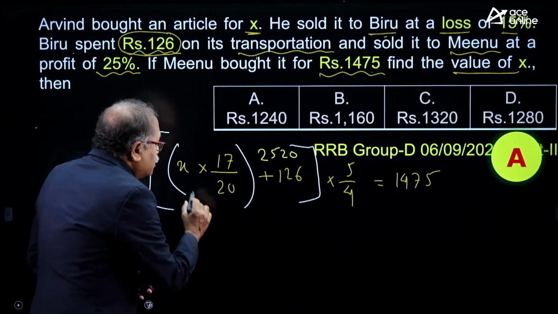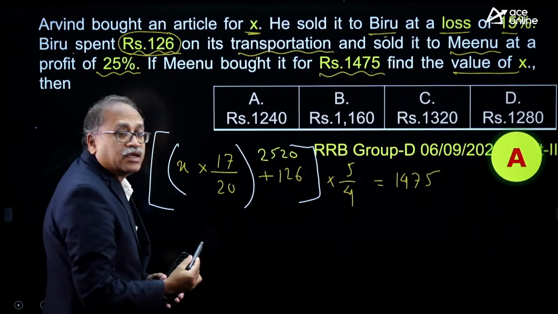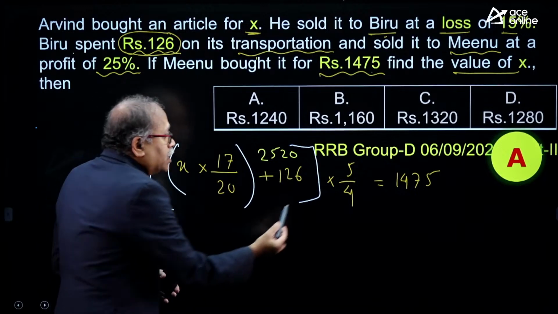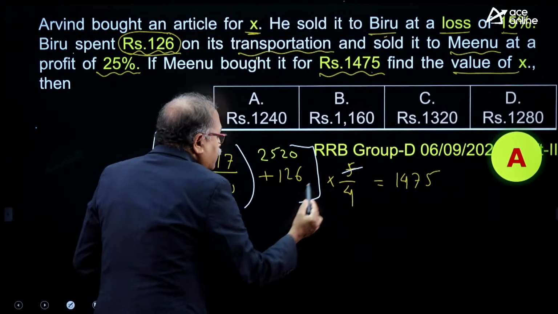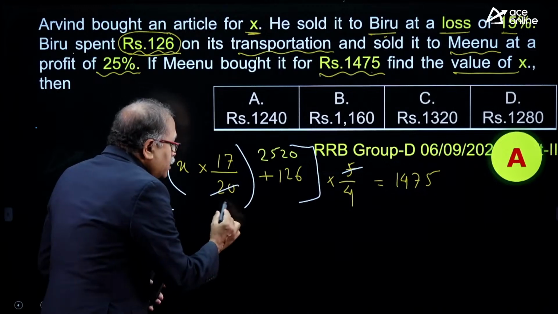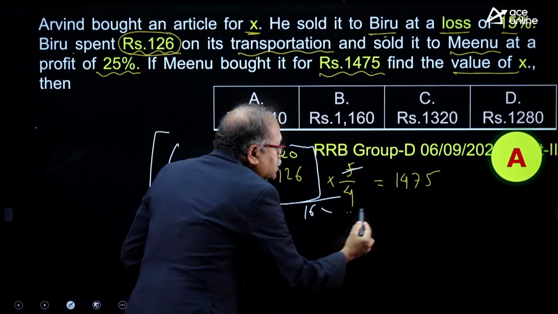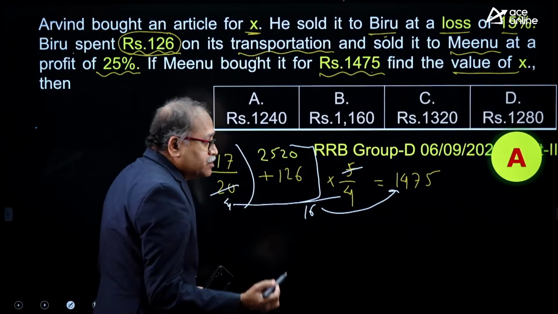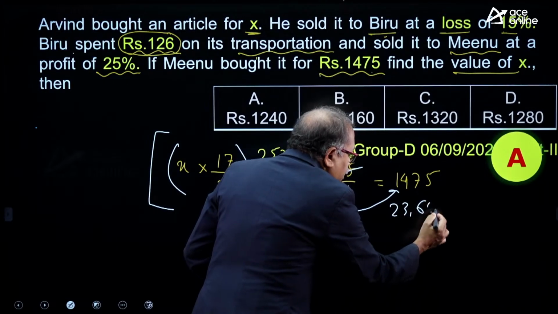And then 17x is there. So can I cancel the numbers over here now? I can cancel this 5, this 5, this 5 and this 20, and this comes 4, and 4 into 4 is 16, and 16 will go over here and multiply that number by 16. I am simply writing the number, and that comes to 23,600.